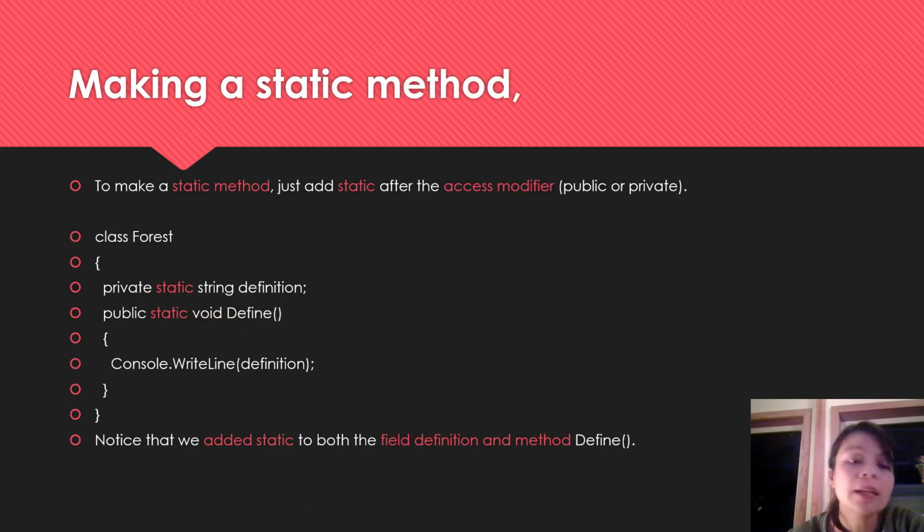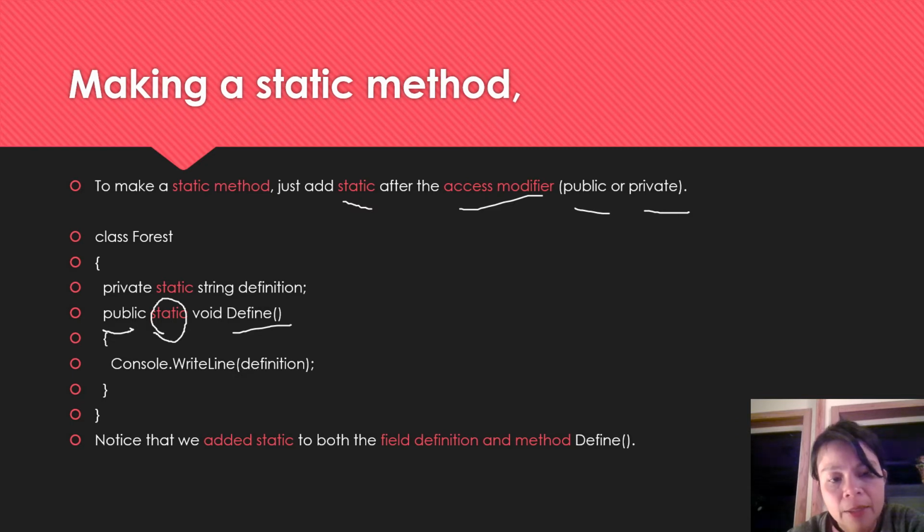So to make a static method, just add static after the access modifier, which is either public or private. So here we have the method, a public method, and you just add static to it.